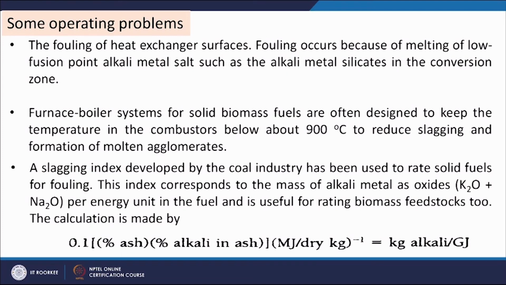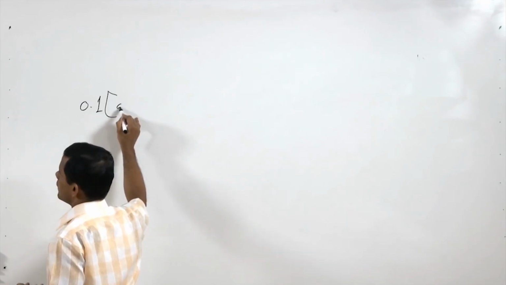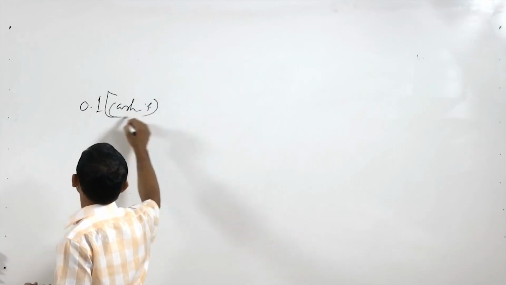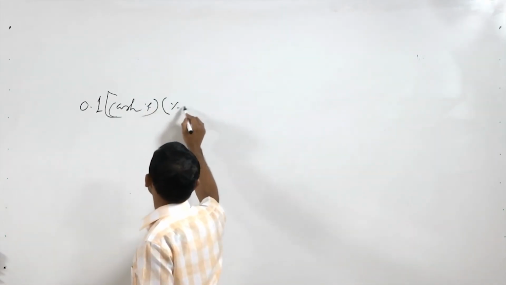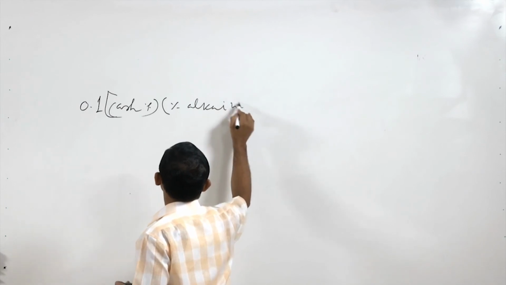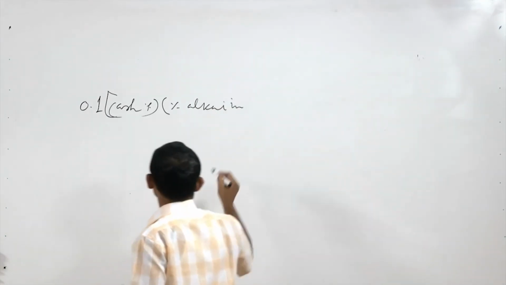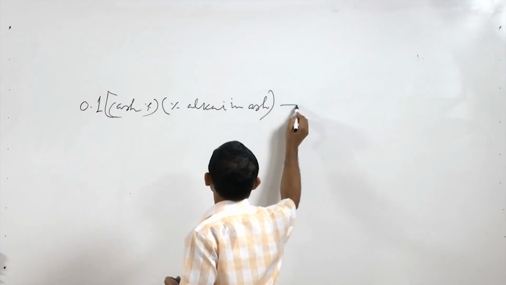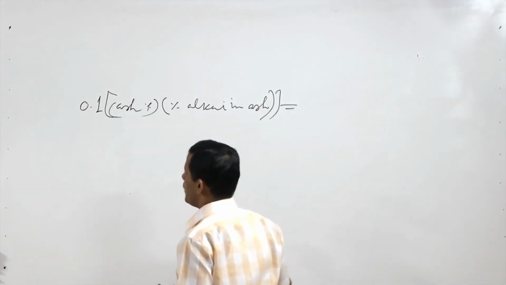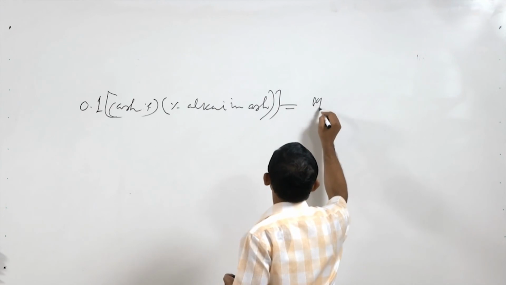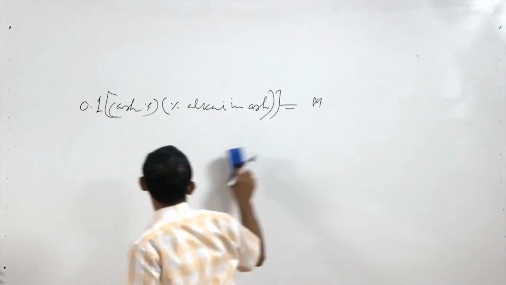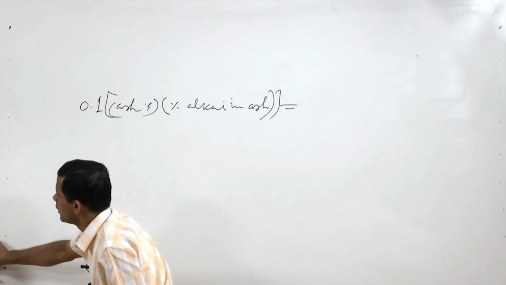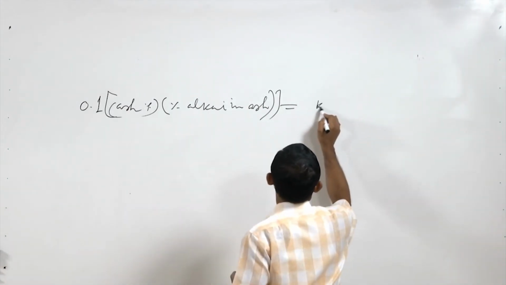To quantify this problem, a slugging index has been developed by the coal ministry, that is defined by 0.1 into percent ash into percentage alkali in ash. That is expressed in terms of kg alkali per gigajoule.